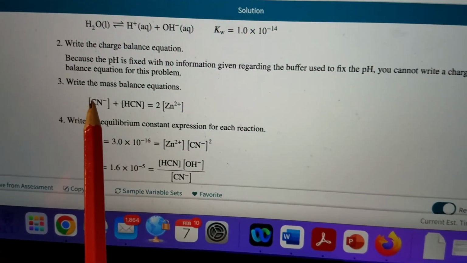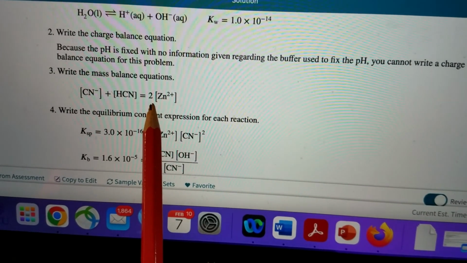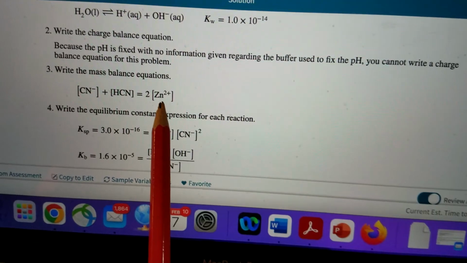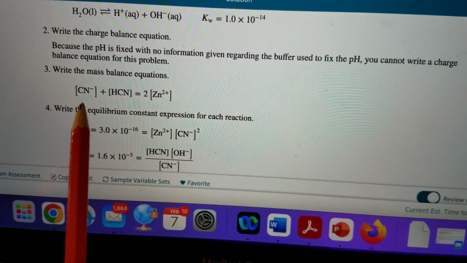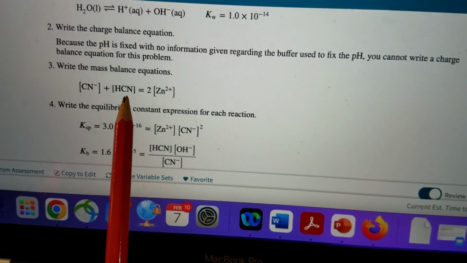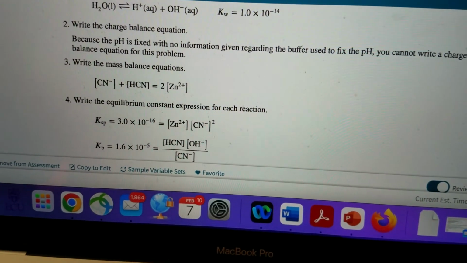Then we'll write the mass balance. Mass balance, we do need to write that down. So 2 times the zinc concentration should equal the sum of the concentration of cyanide ion and hydrogen cyanide. And then we have 3 equations.